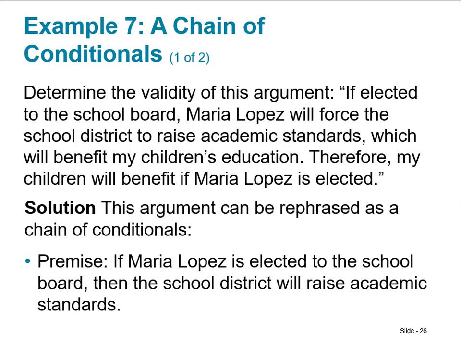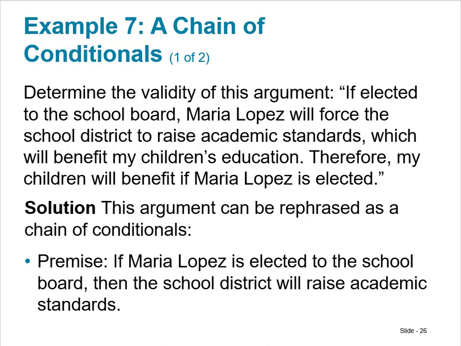So here's a typical example. If elected to the school board, Maria Lopez will force the school district to raise academic standards, which will benefit my children's education. Therefore, my children will benefit if Maria Lopez is elected. So basically they're saying if she's elected, she'll raise academic standards.